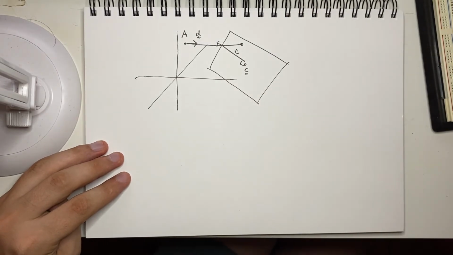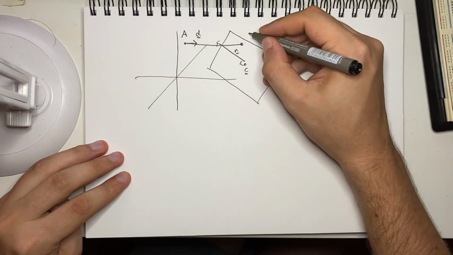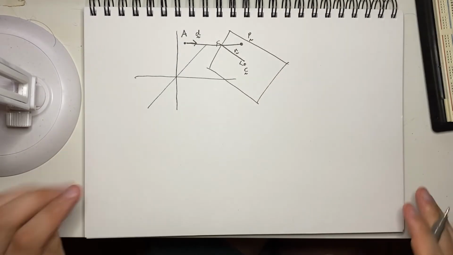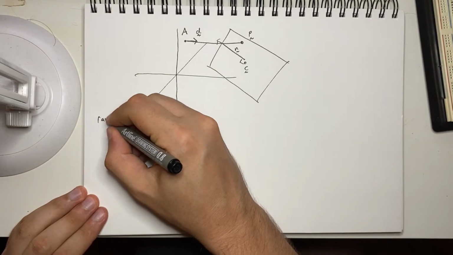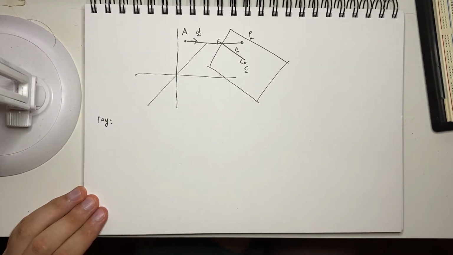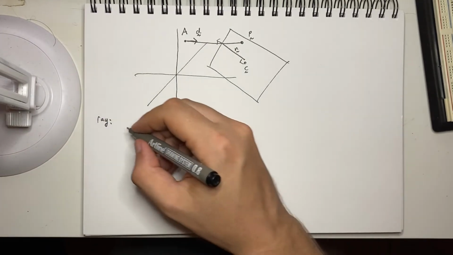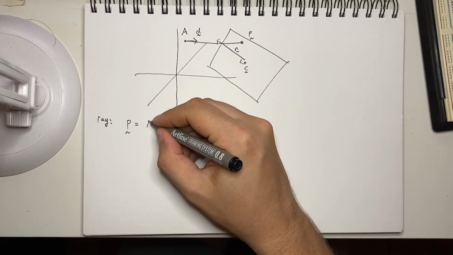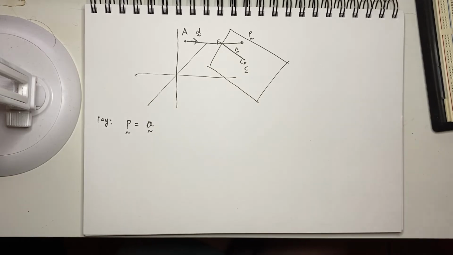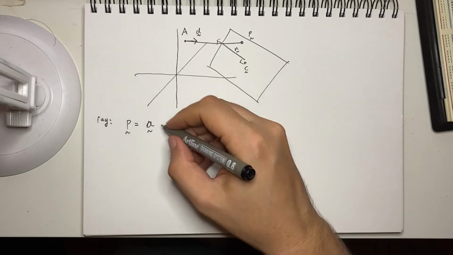So as usual, we have two fundamental equations. We have a ray equation and a plane equation. Now the ray equation is saying that the point P is equal to, we'll put lowercase a for the start point of the ray, plus t times the direction.